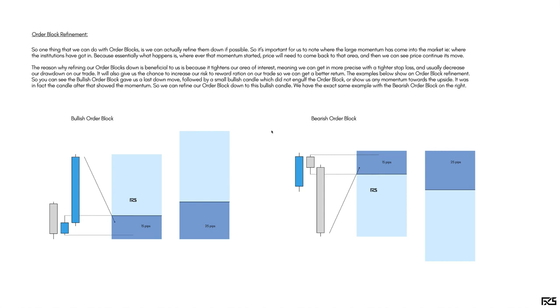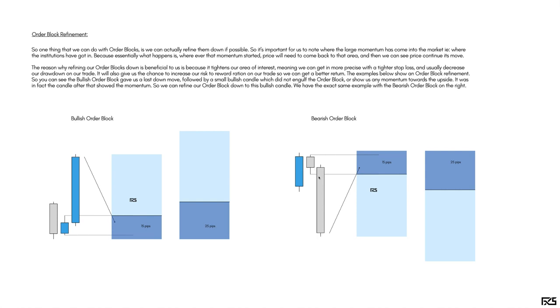so the next example is a bearish order block, which is exactly the same thing. This is our bearish order block, but the candle after did not show any momentum, or it did not engulf the order block. So we can take this as our order block, refine it down to this. So this is now our order block because it's the candle before that momentum came in.